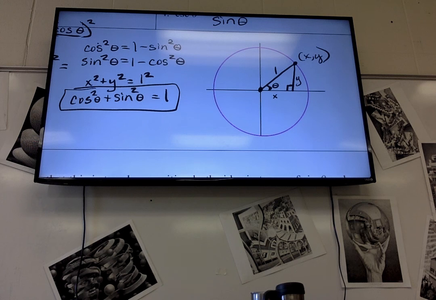So these are called the Pythagorean Identities, the next 3: this one and the bottom 2. They're called the Pythagorean Identities just because they come from the Pythagorean Theorem. It's not something we made up, basically. I'm showing you where it came from.